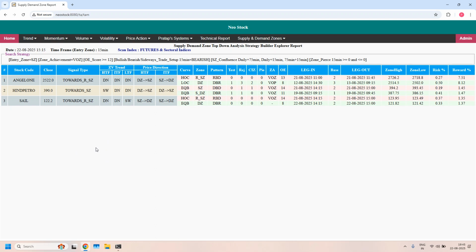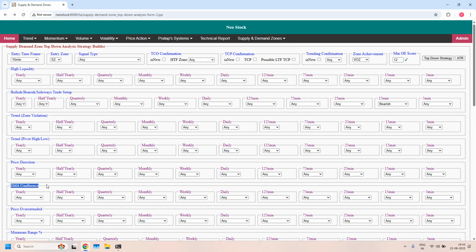So those 2 stocks, let us verify if any daily supply zone having daily EMA confluence. So I'm adding this filter at daily time frame, daily supply zone with daily EMA, but at the same time trend on the daily should not be sideways. It should be only downtrend because it is bearish trade setup. So let's filter.